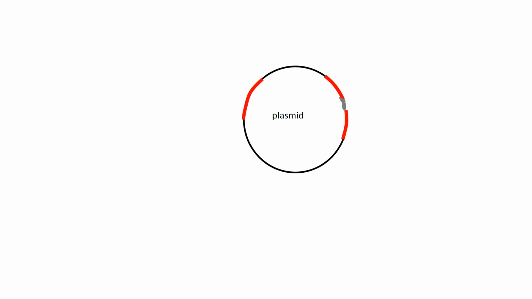Any sticky ends there will complementary pair with each other, but to make sure of a good seal we need to use DNA ligase to join up the sugar phosphate backbone. And then what we'll have, although you can't physically see these, we'll have a number of plasmids that contain a gene, but we'll also have a number of plasmids that don't contain a gene.